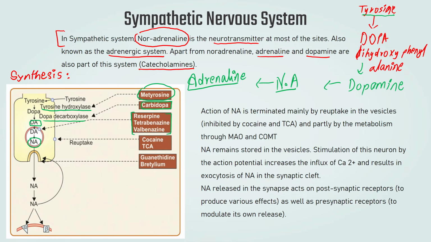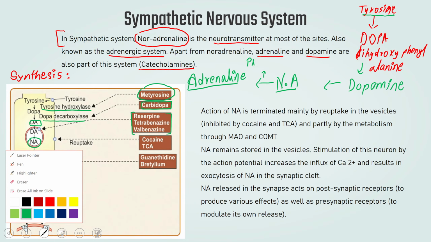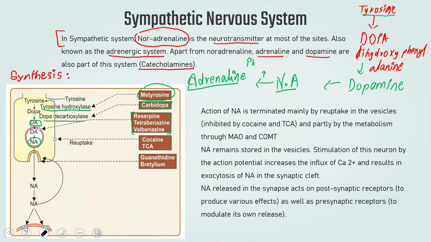This is because the sympathetic neurons lack a key enzyme. They do not have the enzyme that converts noradrenaline to adrenaline.